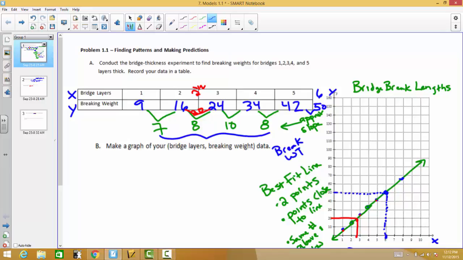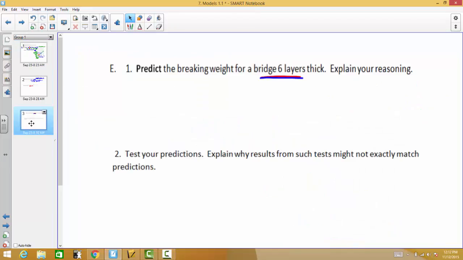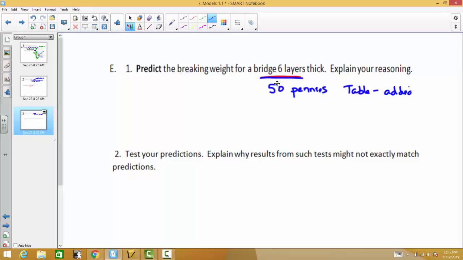And that also looks like 50 right on. So for my data, you're going to do this for your data, I'm going to put 50 pennies. And for the table, I added 8. And on the graph, I traced up and it hit 50.